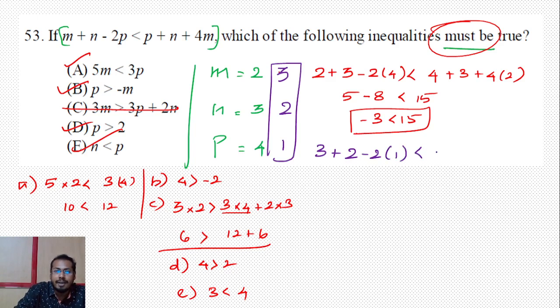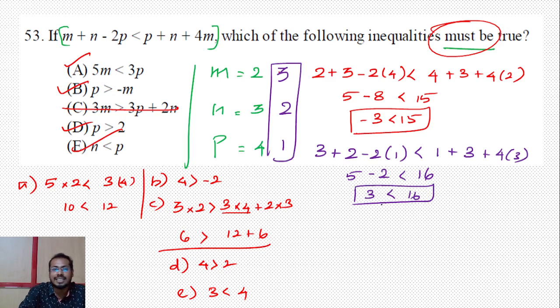That is less than p is 1 plus n is 2 plus m is 3 times 4, right? So 2 times 1 is 2, negative 2, 3 plus 2 is 5. Okay, here I got 3, that is less than 4 times 3, 12 plus 4, 16, right? So obviously this also satisfies the question.